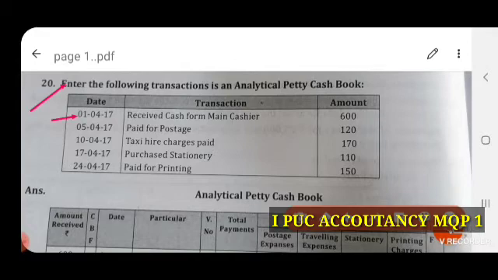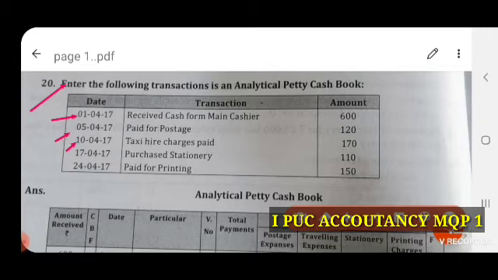First, received cash from main cashier 600. This amount should be entered in the amount received column. Paid for postage is a payment, amount in the postage and telegrams column.